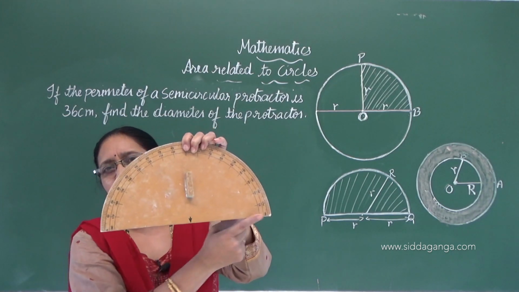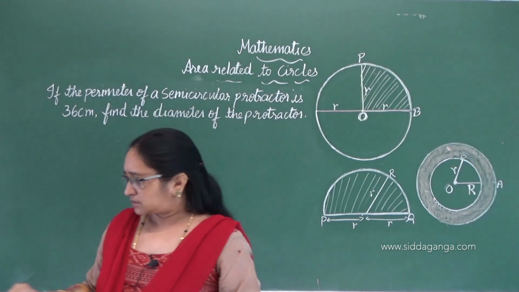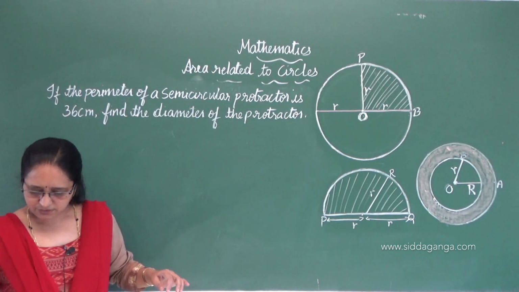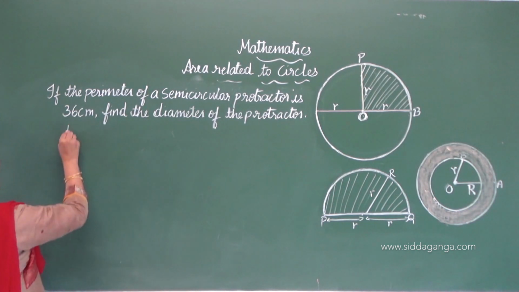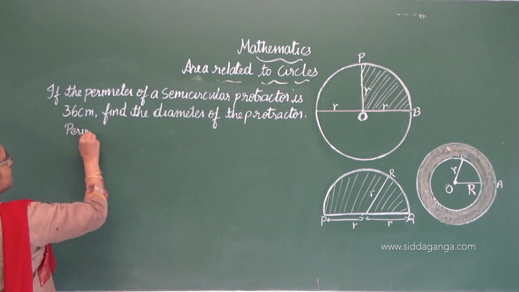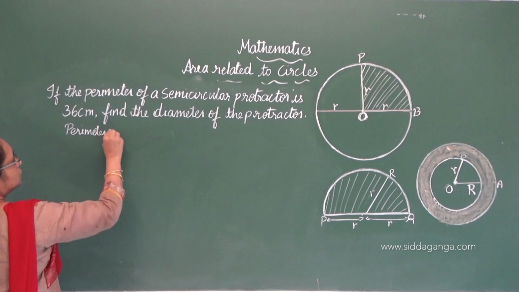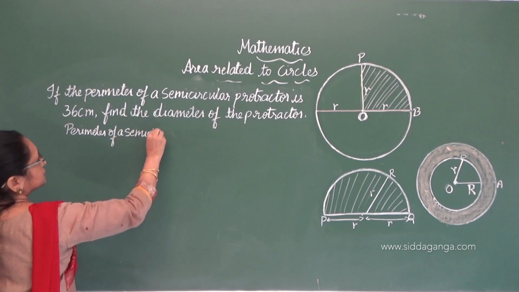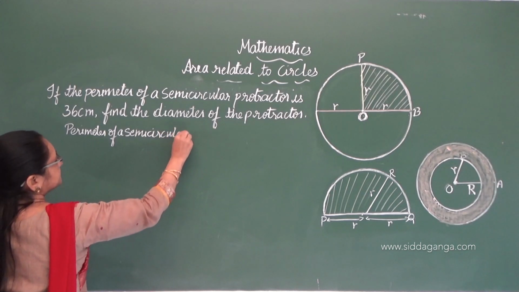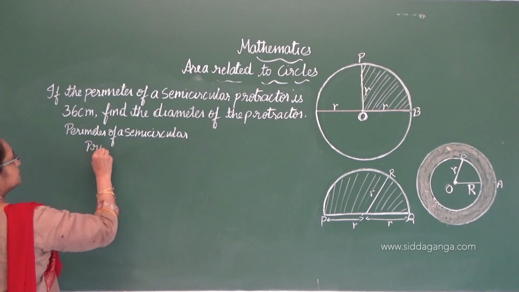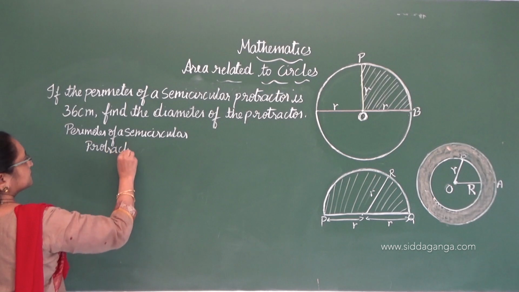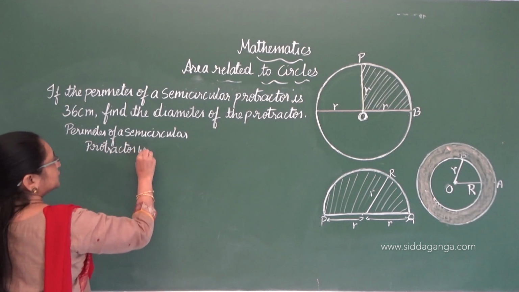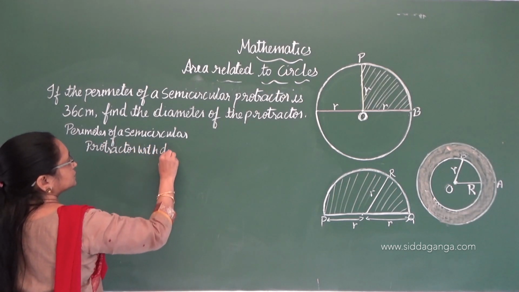So this part you have to find out. Now, the perimeter of a semicircular protractor with the diameter.